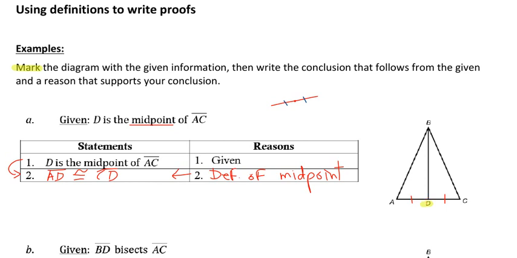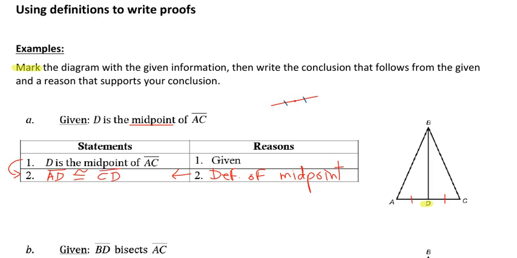So the first letter here would be what corresponds to A, and what corresponds to A would be C. So that's why I start by naming C and then going to D. It would be the same thing to say DC, but we always try to name it according to the correspondence, and that's why I put CD. Let me rewrite this because this doesn't look clear. So this is going to be CD.